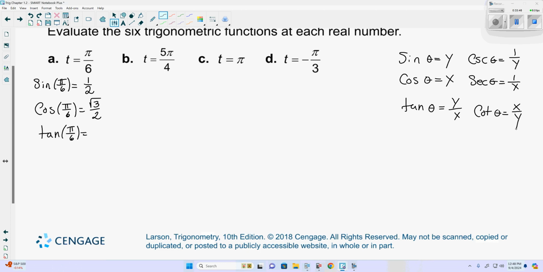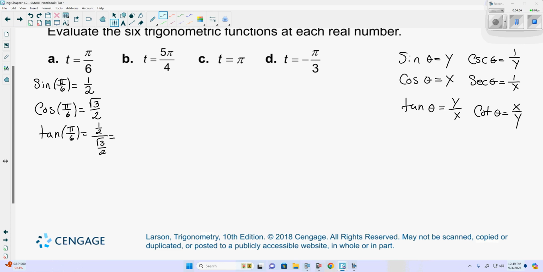So tangent in our case would be the y value, or sine's value, 1/2 over square root of 3 over 2.